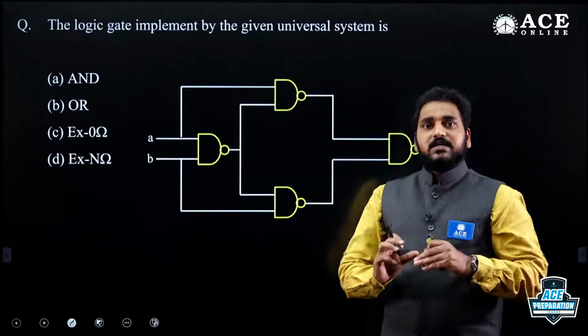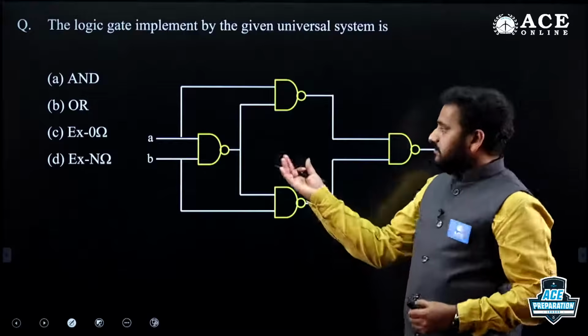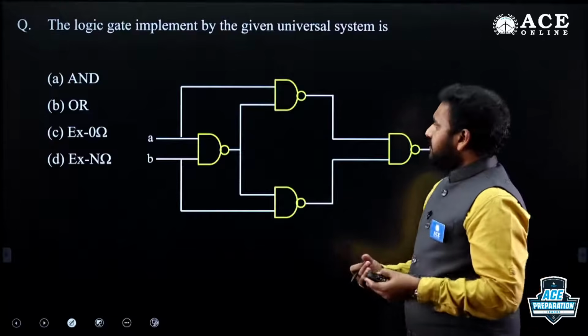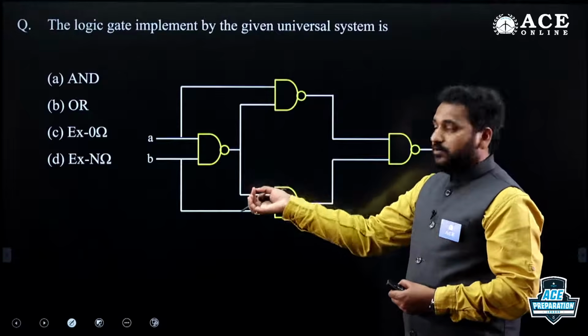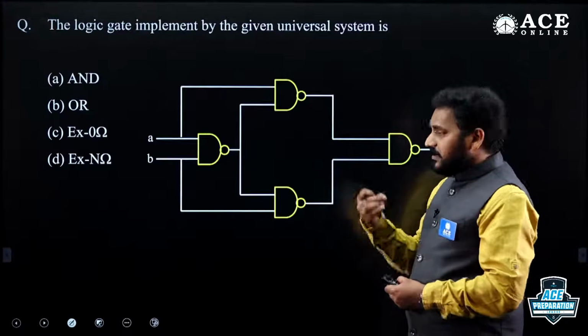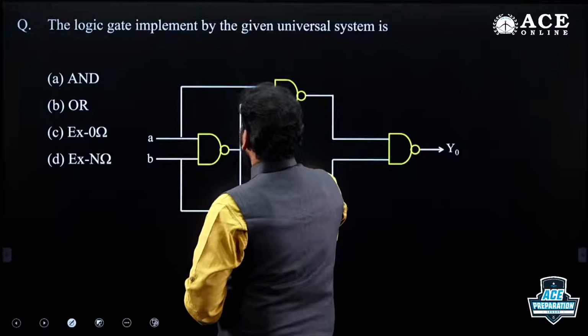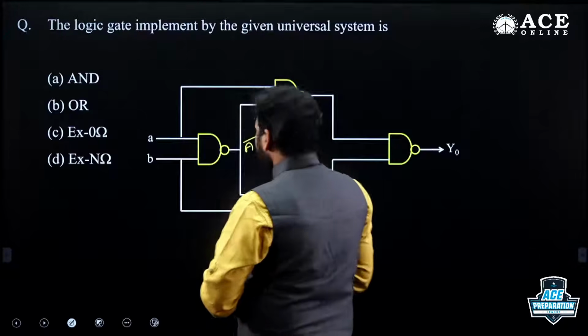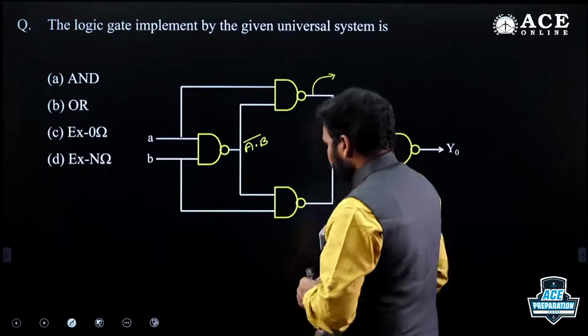This kind of question generally is one topic, universal gates. But if the circuit is given and we ask for the behavior, we know the basics. We know how to operate with ones and zeros for any circuit. So we can do it, that's all. This is AB bar. What is the output?